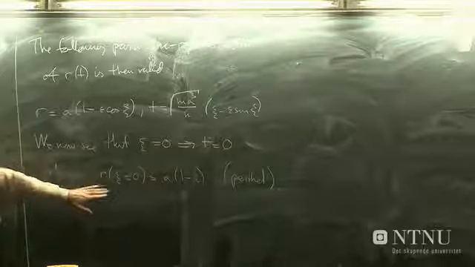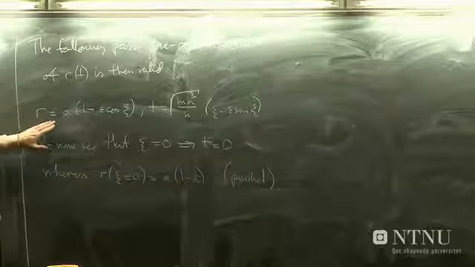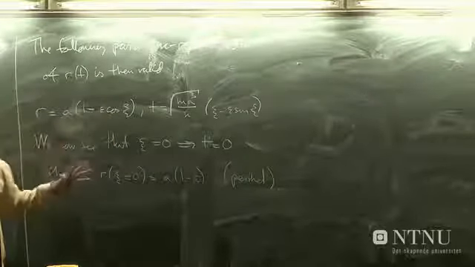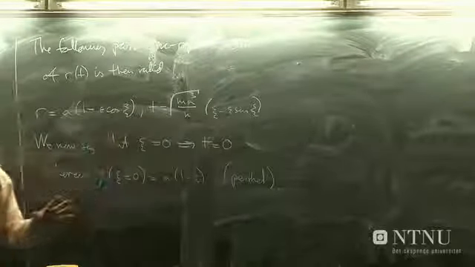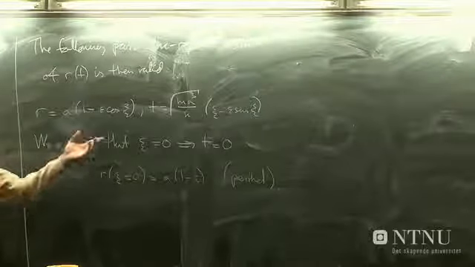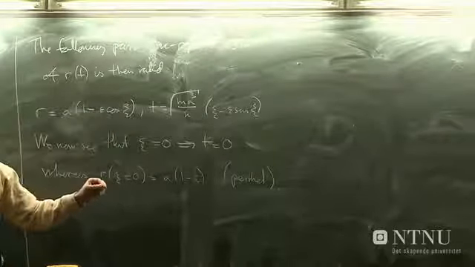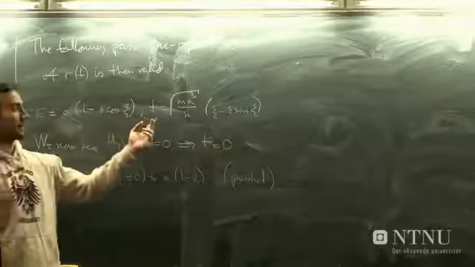Whereas the position vector for xi equals 0 is the perihelion. So the way to interpret this parametric representation of r and t is that they're both parameterized by this parameter xi. And as you increase xi from 0 and above, r develops in this way and time develops in this way.